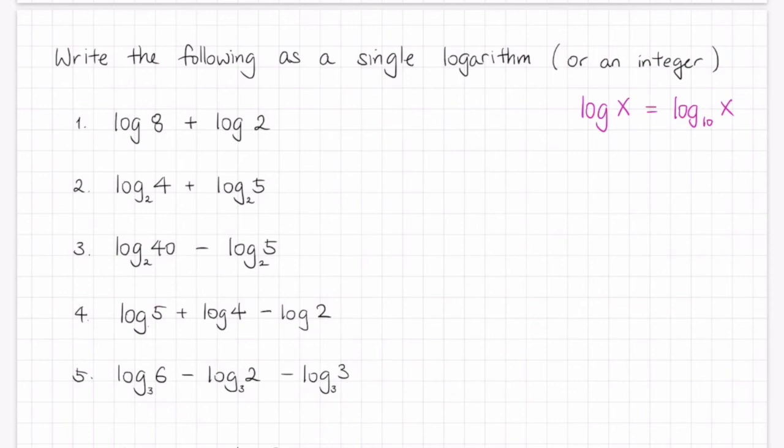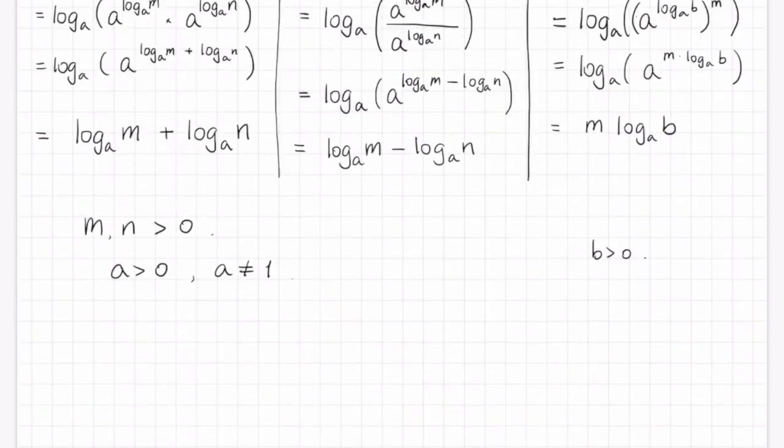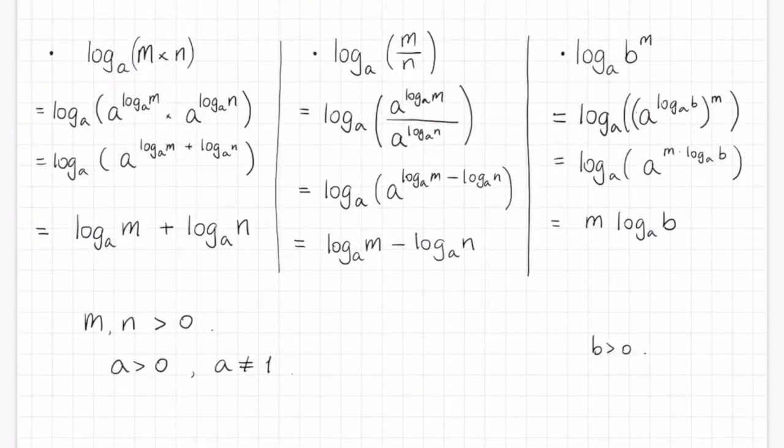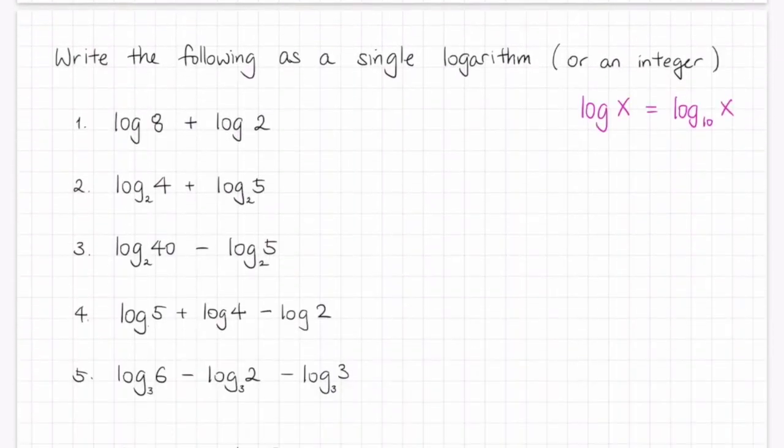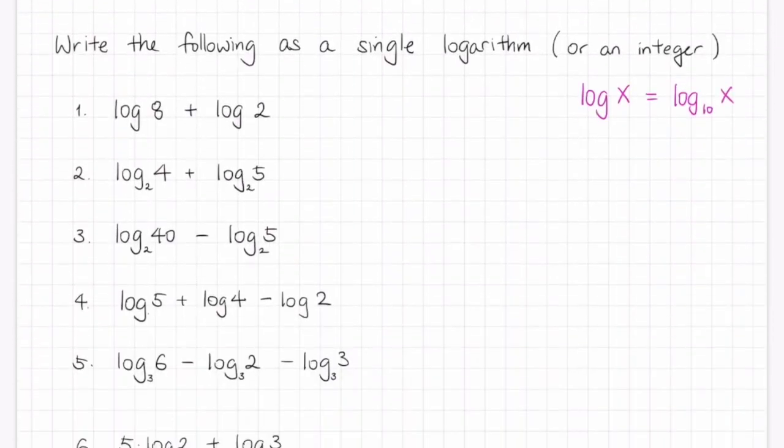I'm going to use my log rules, and that'll be the first rule here. Log base a of m plus log base a of n would be log base a of m times n. Right? So I'm going to use that rule and write this as a single logarithm. 8 times 2, which is log base 10 of 16.